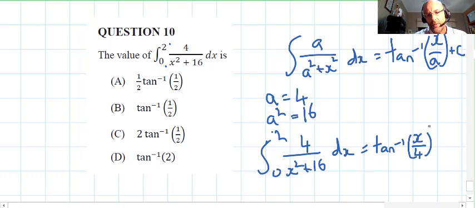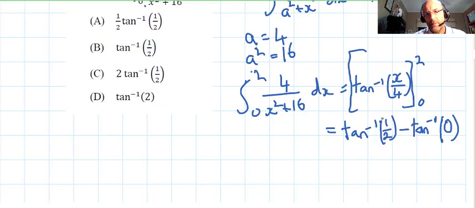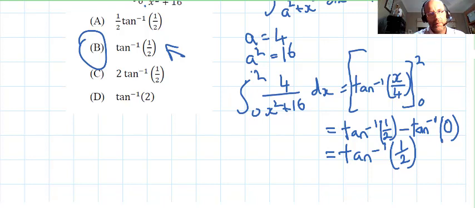Now it's definite integration, so we put our terminals in, the limits there, and compute the values once we've got the expression sorted. So we have inverse tan of a half minus inverse tan of 0. Inverse tan of 0 is 0. We can express our exact answer as arctan 1/2, and that's option B. So we've now completed the 10 multiple choice questions from the public use mock from 2020.